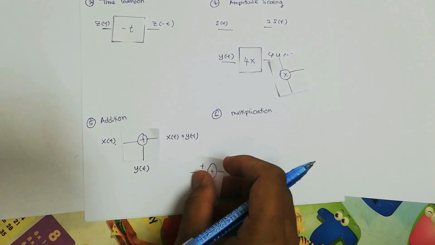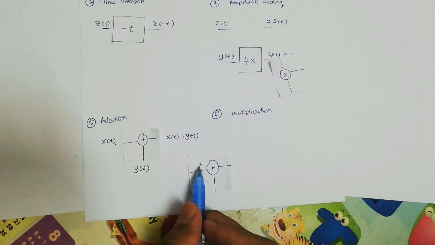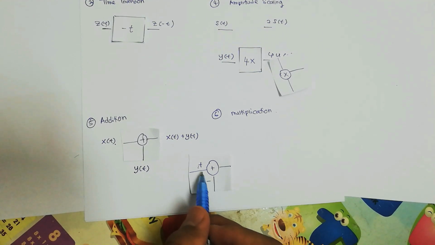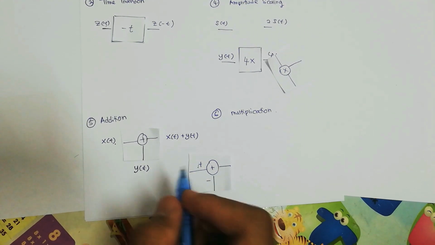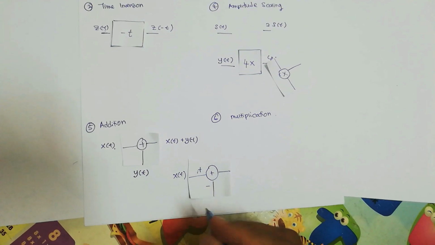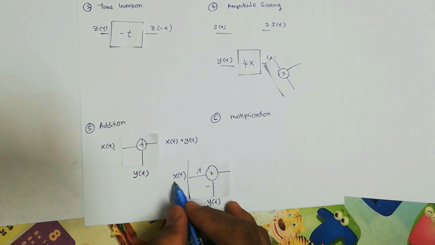For these cases, you need to take a look at the notation at each input, for example the sign of each input of the system. You have a plus and a minus sign here, so you need to be very careful and look carefully at the sign on each input. For example, the first input signal is x(t) and the second input signal is y(t).